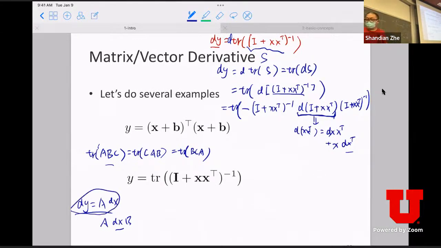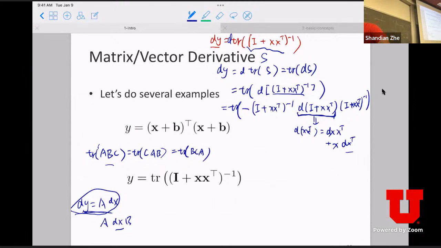Of course, dx x transpose and x dx transpose are inside the matrix product, and in the outer level there is the trace operator, which is far from our standard final form. Of course, we need to make some operations to merge the terms.